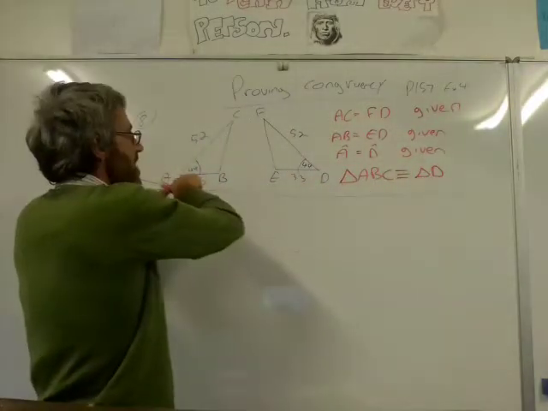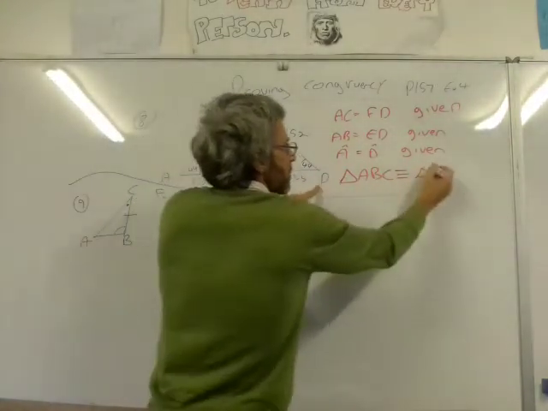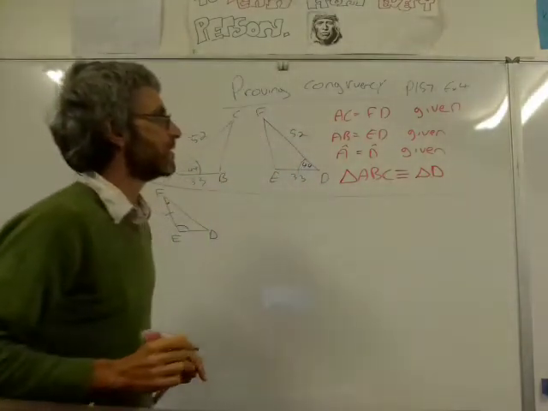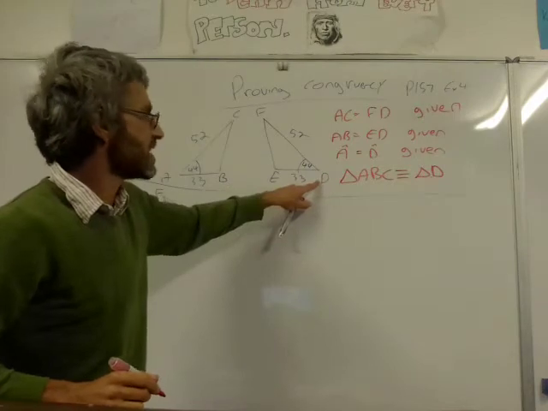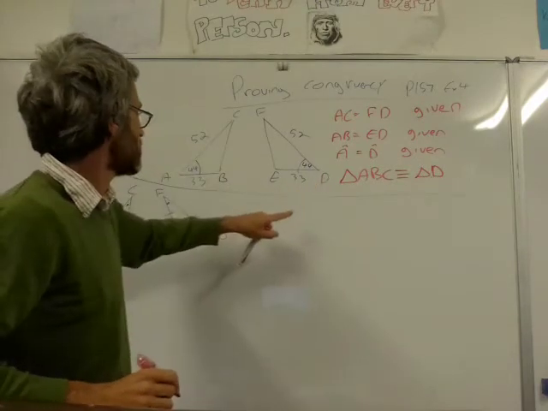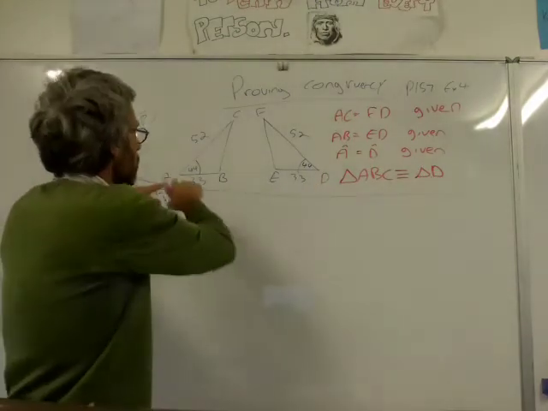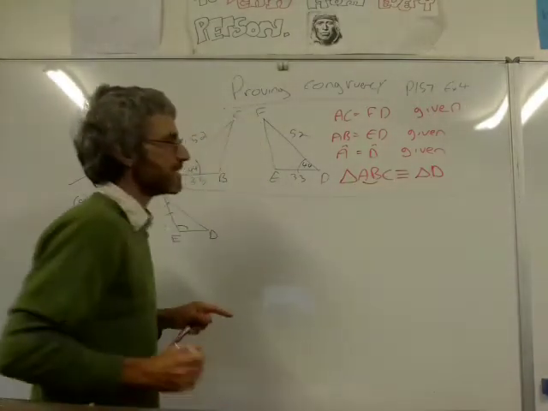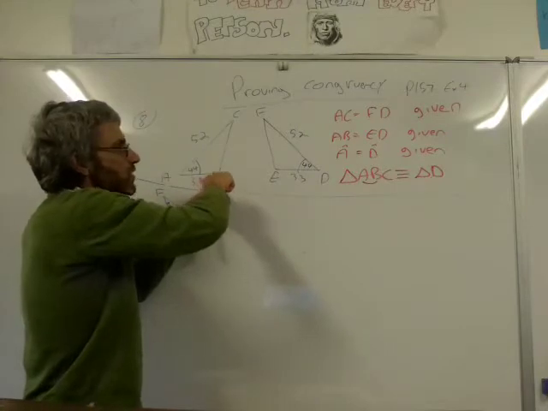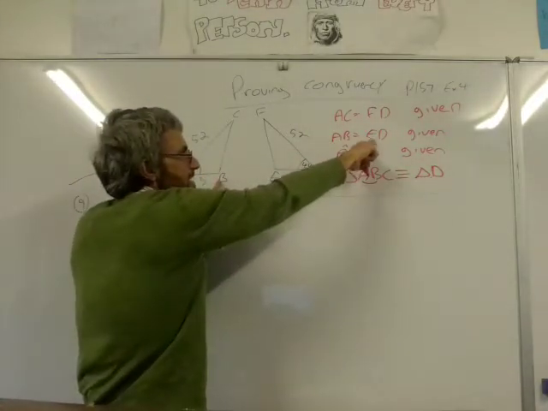If I start with A here, then I must start with D. So ABC is congruent to triangle D. Now, what's going to be the next letter? Okay, that's a little bit difficult. Now, if I wrote ABC, the side AB, I know the side AB is equal to the side ED.